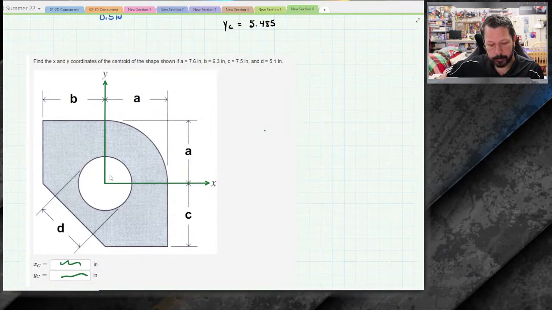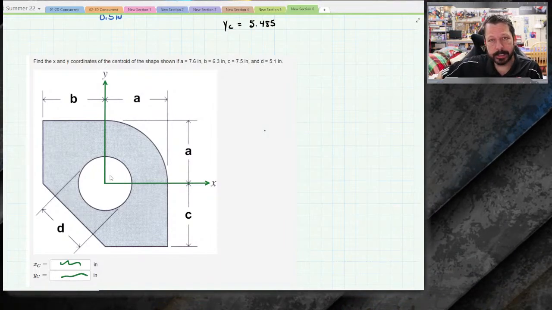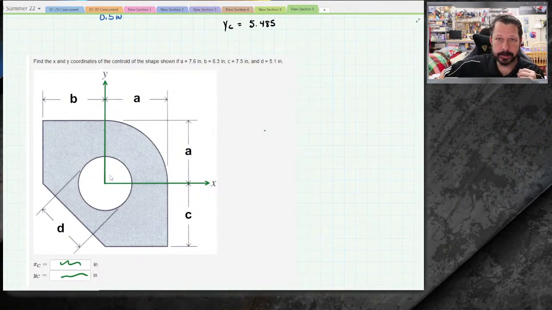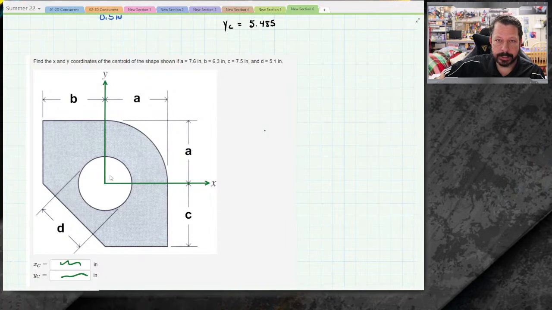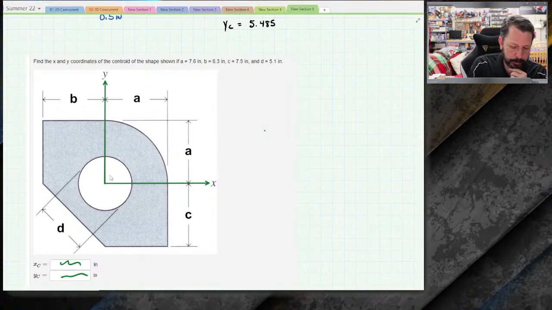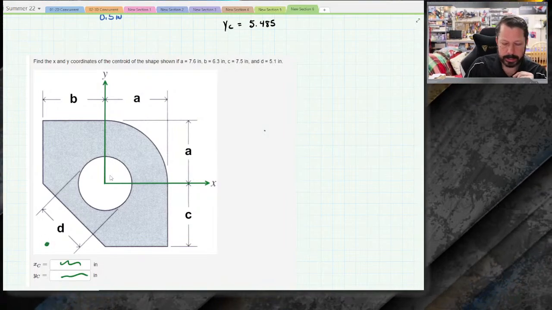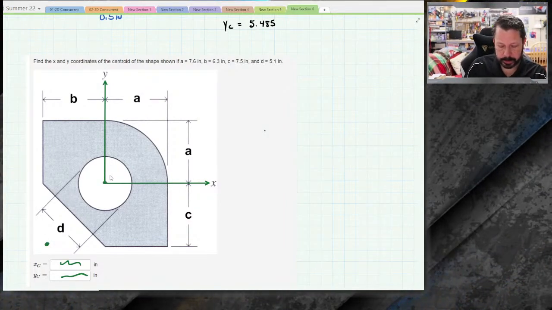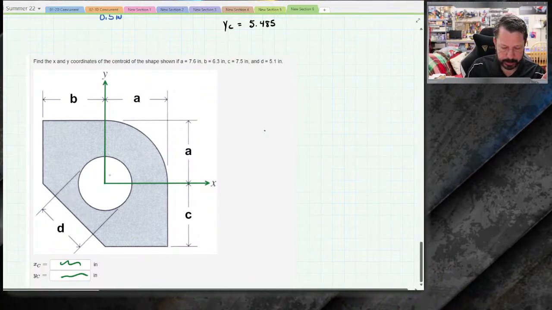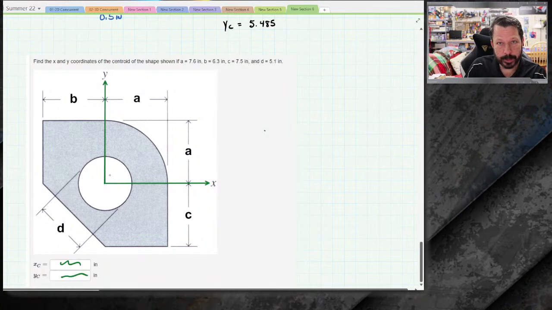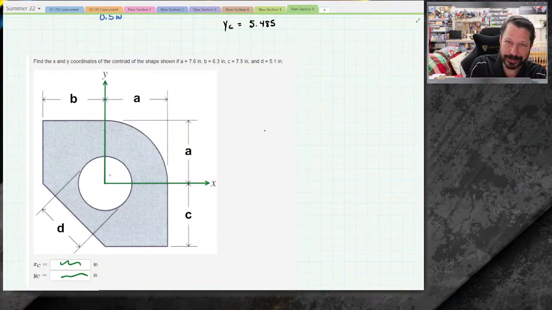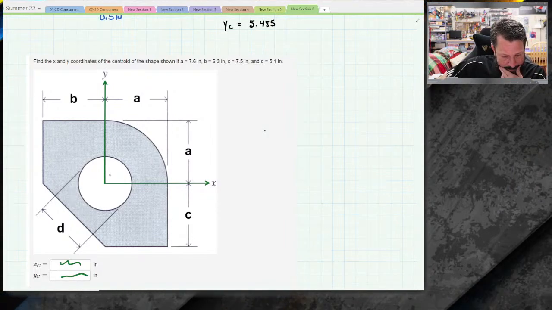So the problem, the homework statement, exam questions, they're going to have some reference already given, so that when you put your answers in, everybody's in agreement. Because it could be like, I look at this problem, might want to put the origin way down here, and somebody else puts it in the middle where we've got it here. Somebody else puts it on this corner. So we have to agree on where the reference is, otherwise we won't all get the same numbers. We'll get the same location, but it'll be referenced differently.